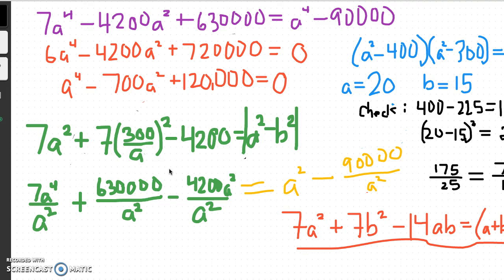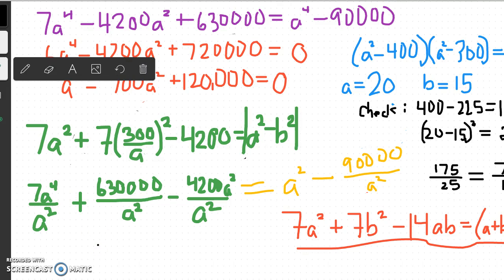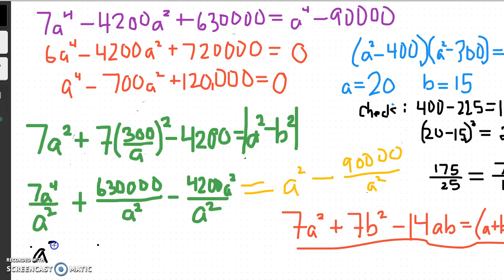So I set the positive difference of their squares as a squared minus b squared, and that equals 7 times the square of their difference, like 7 times (a minus b) squared.